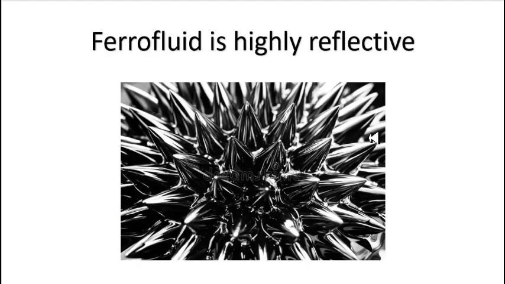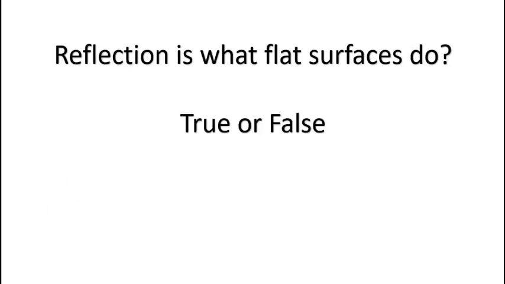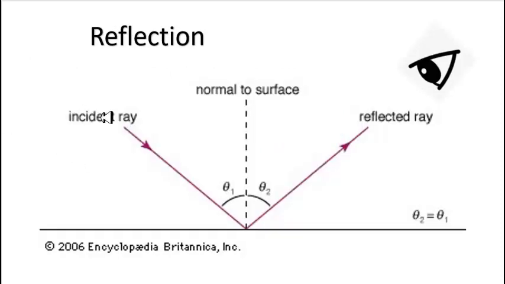And of course the ferrofluid itself, here's ferrofluid near a magnet, there are a lot of curved surfaces, and I see a lot of reflected light going on here. So I would have to say false to reflection is what flat surfaces do. The point of this is to show how a picture like this might lead someone to believe that reflection is what happens off of flat surfaces.